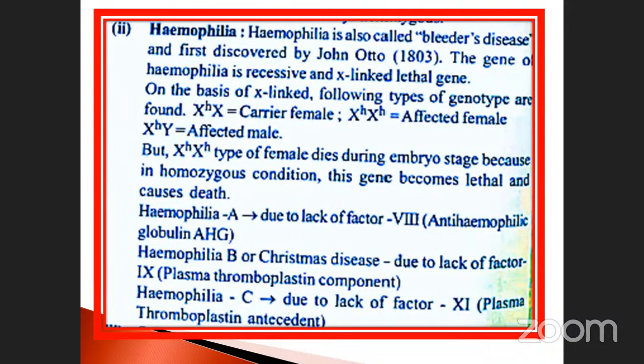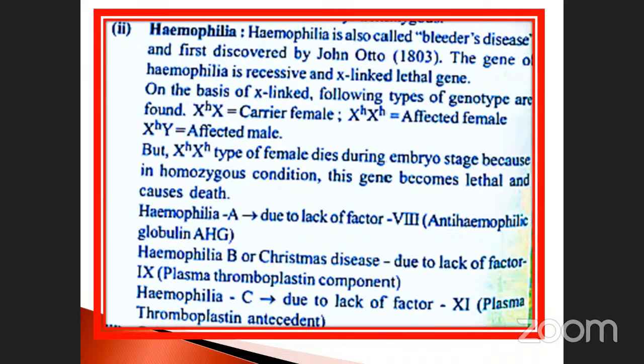Okay. What are the factors involved in this process? The X-linked chromosome will not synthesize 3 factors. Due to the lack of 3 factors, what happens? Hemophilia is possible, otherwise called the bleeder disease.